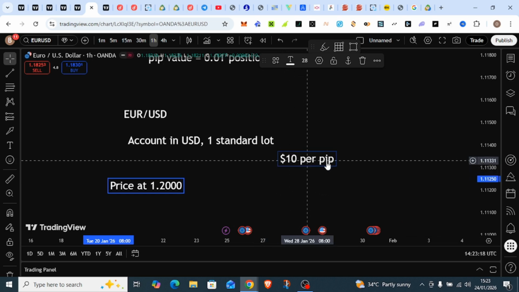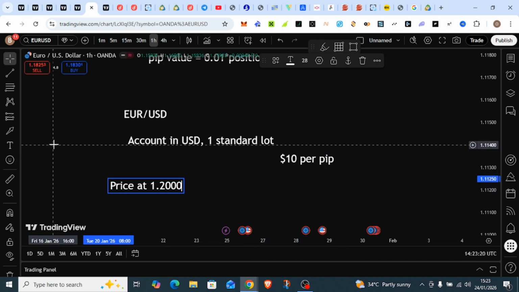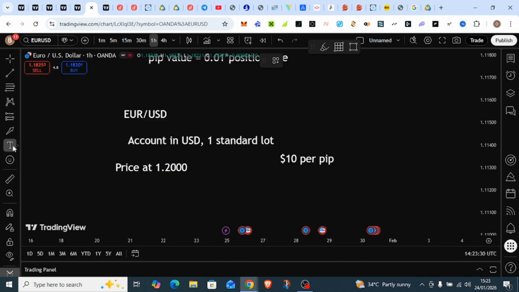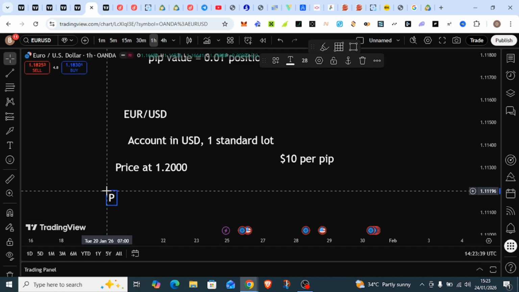Then if you have another price, if this price from 1.2000 rises to 1.2026, what is going to be the profit?